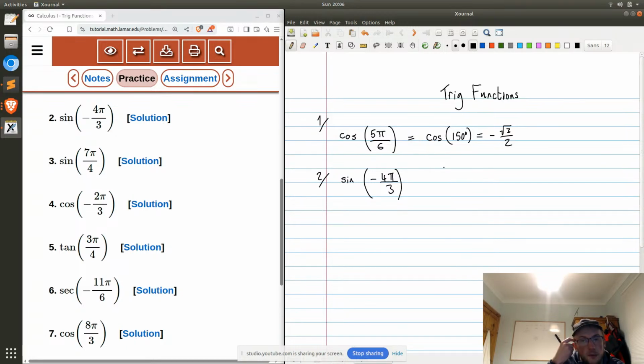Sine of negative 4 pi over 3. So sine is an odd function. So straight away we'll do this.